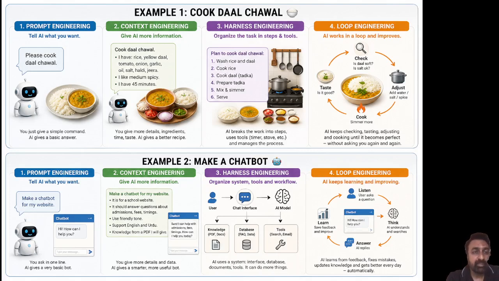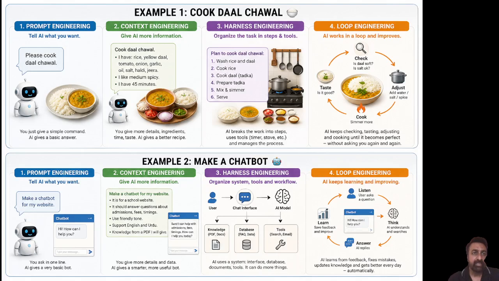So in this recipe, we are asking the agent to cook the dal chawal, of course, and also providing information like the ingredients: the rice, the dal, the tomato, onions, garlic, all that, the spices.